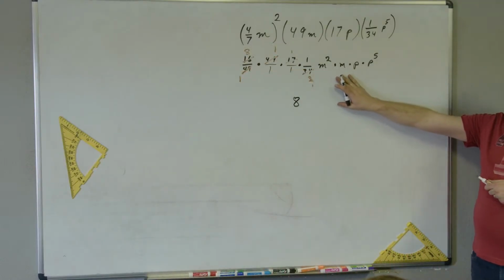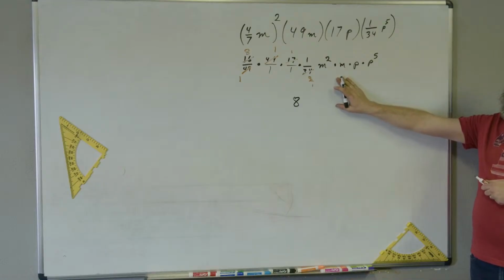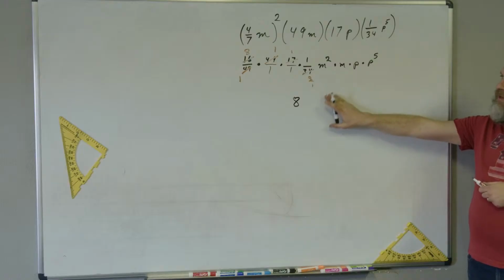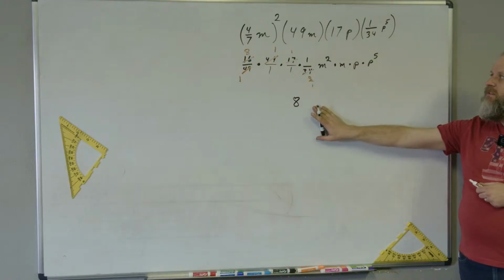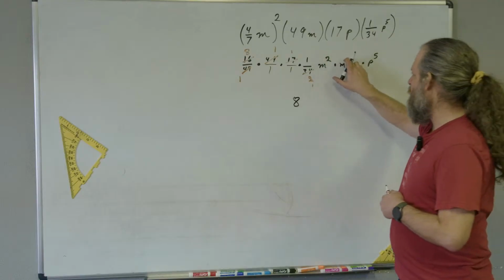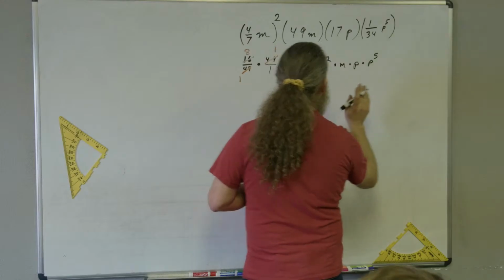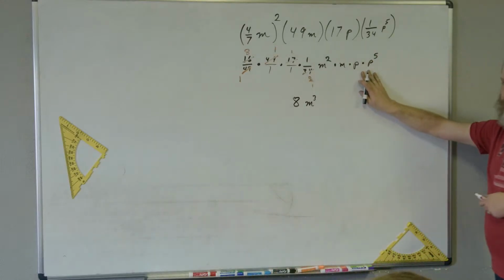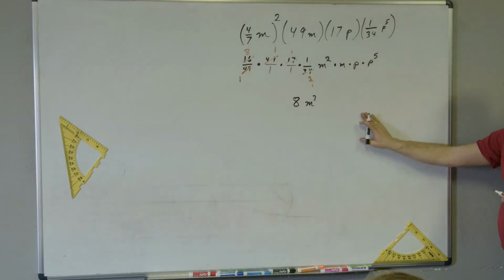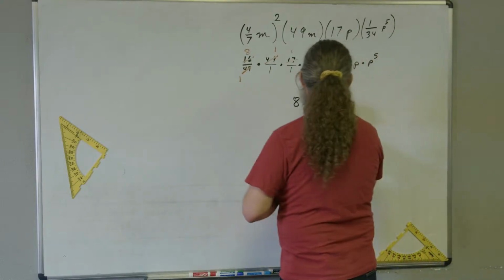What power is the m going to be raised to in our answer? The third, because 2 plus 1 is 3. What about this one? P to the 6th. True enough.